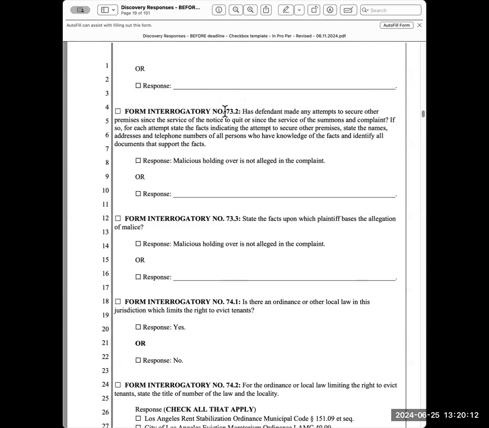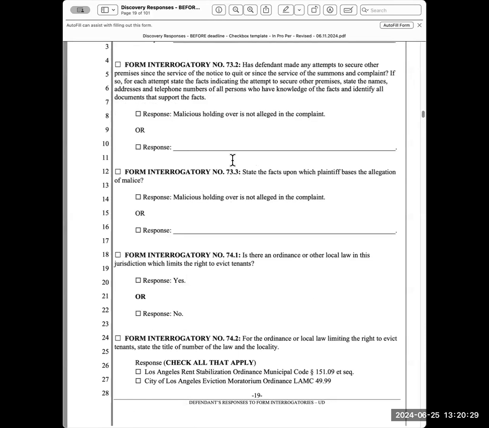This, again, is 73, so it falls under malicious holding over. If 14 wasn't checked on page 3 of 4 of your complaint, you just check here. Otherwise, if it was checked, you check here and you put in your response.